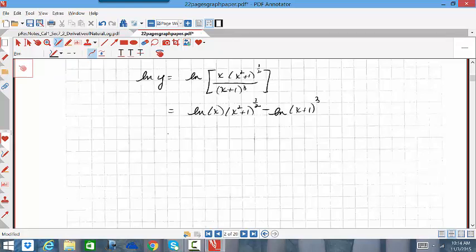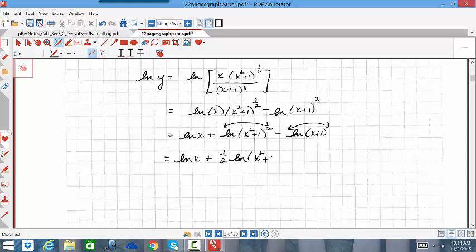Now the first one is a product, so this is the natural log of x plus the natural log of x squared plus 1 to the 1/2 minus the natural log of x plus 1 cubed. So another property now is to pull these exponents in front of the logarithm. So this becomes the natural log of x plus 1/2 the natural log of x squared plus 1 minus 3 the natural log of x plus 1.